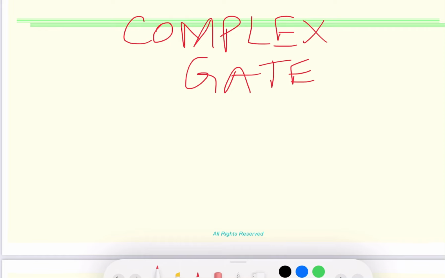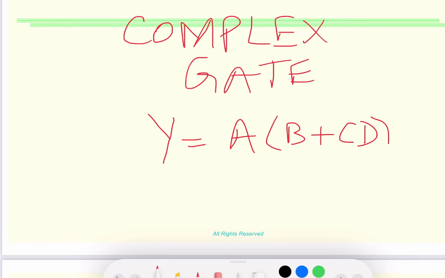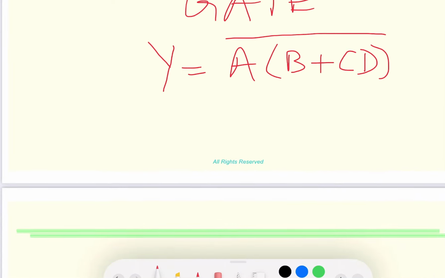So let's look at a complex logic function, which is y equals the complement of a and b or c d. Now this can be written as the complement of y as well.